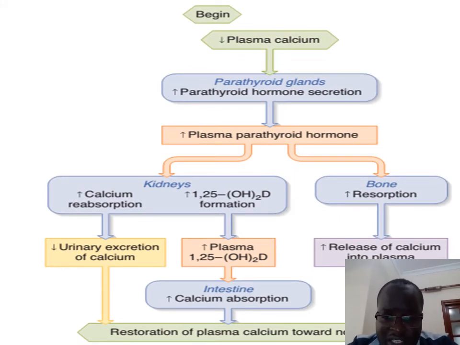This is a table that is summarizing everything that we've discussed so far with regard to the parathyroid hormone. So let's look at this chart. If you have a decrease in plasma calcium, which is hypocalcemia, that in itself is a stimulus to the production and secretion of parathyroid hormone.